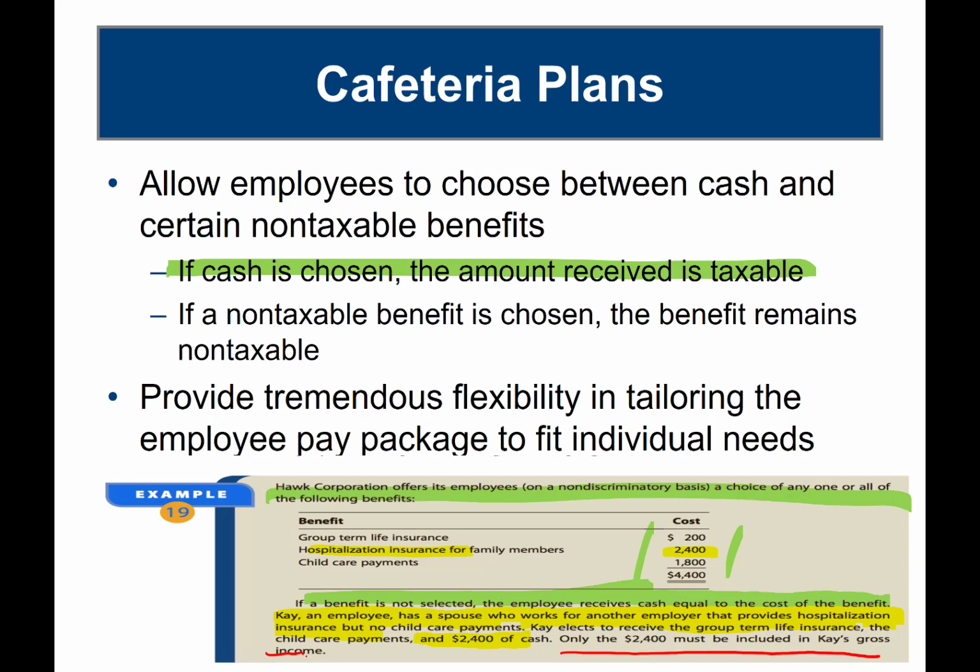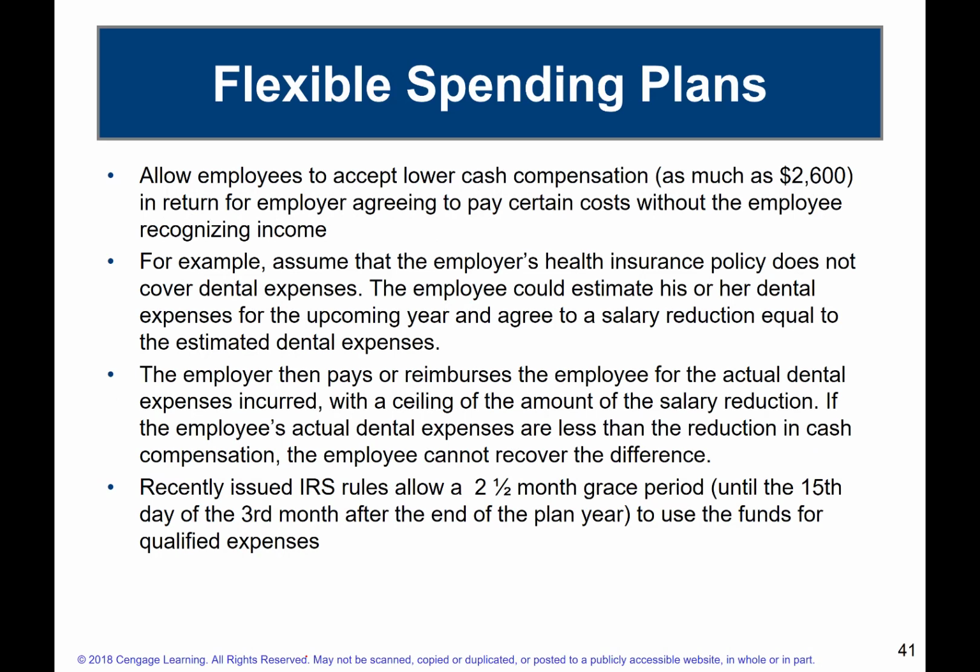Let's look at flexible spending plans. And this one almost sounds like gambling to me. It's like, okay, put your money into a pot and hope that something goes wrong during the year and you have to spend the money on your health care, because if you don't, you'll lose the money.